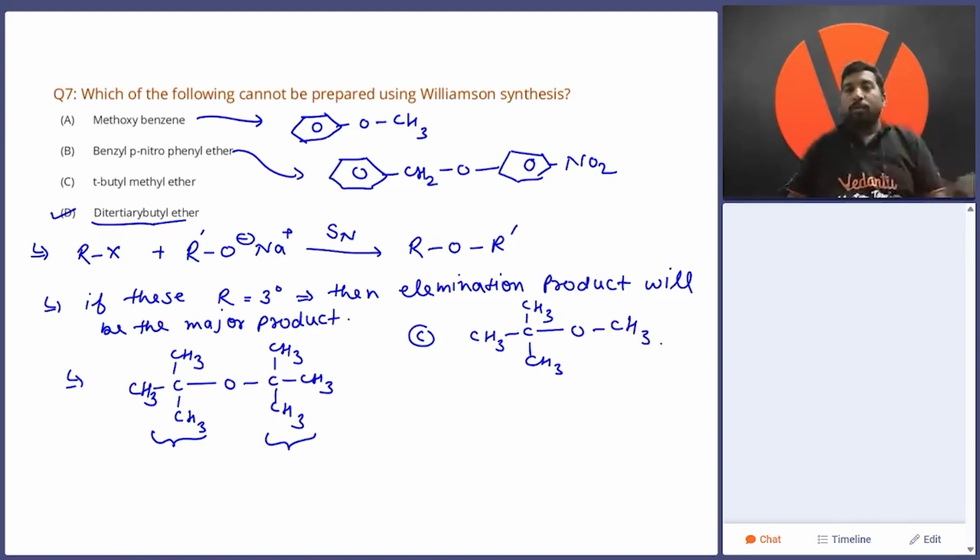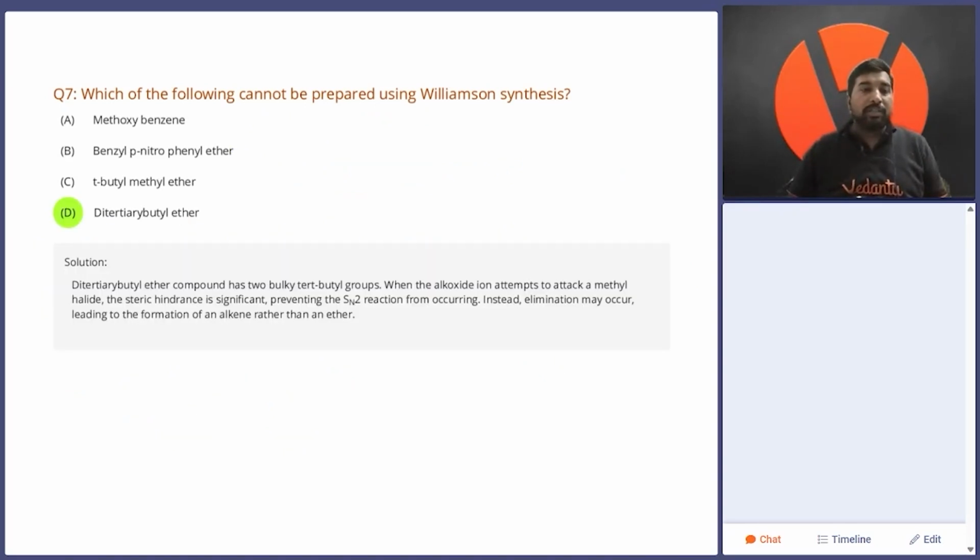From all the four options, we can see in the case of the fourth one, the D option, big bulkiness is present over here. Now we will see what the answer is. Yes, D is the right answer. Come to the next one. This is the seventh question.